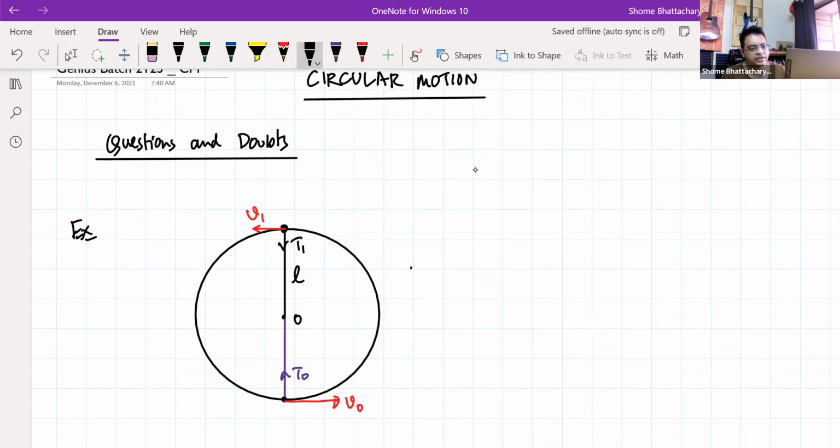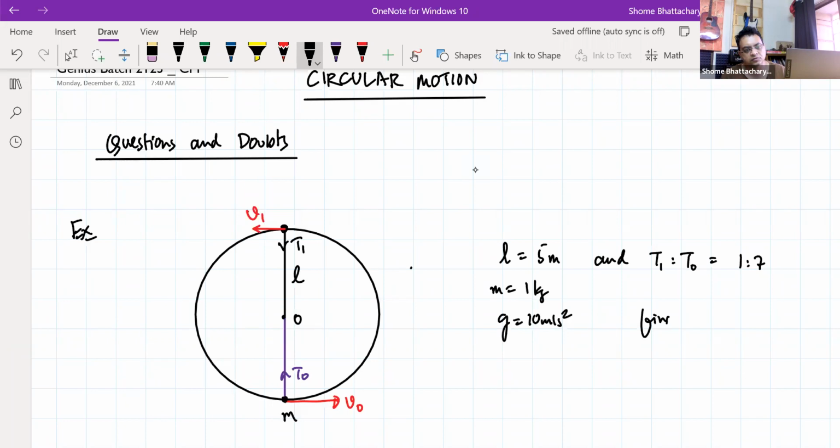Now the length of this thread is given to us as 5 meters, and T1 is to T0 is equal to 1:7. So if the mass of the particle is equal to 1 kilogram, g is equal to 10 meters per second square.